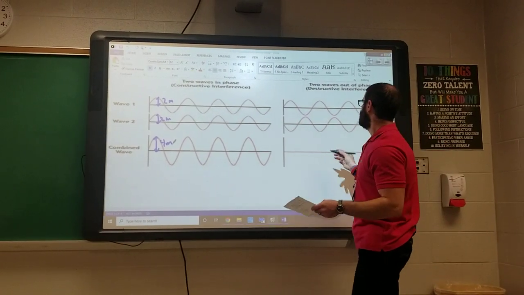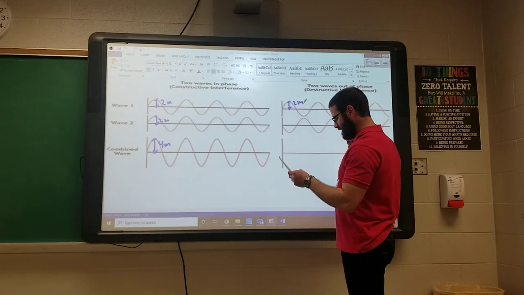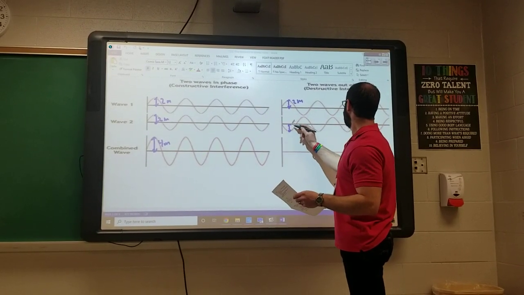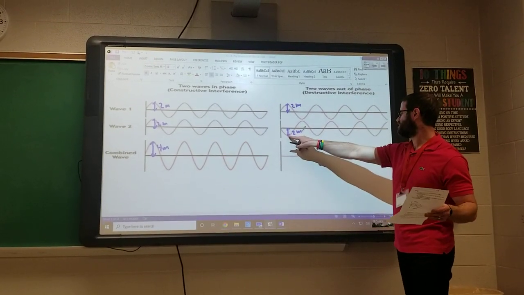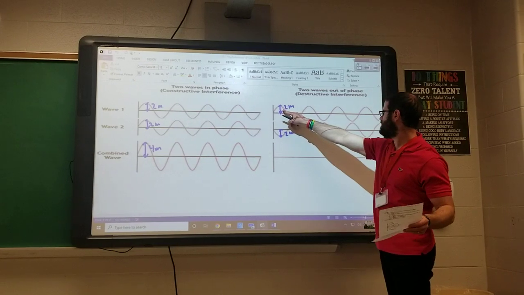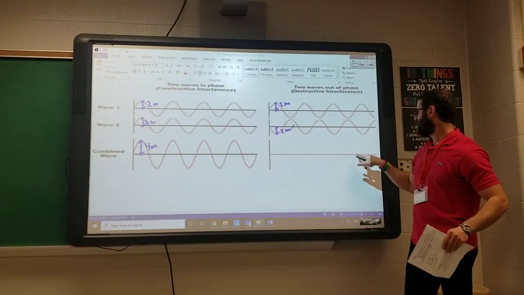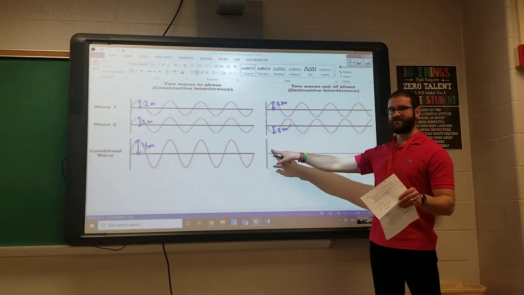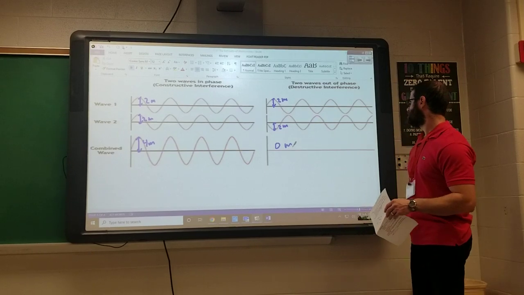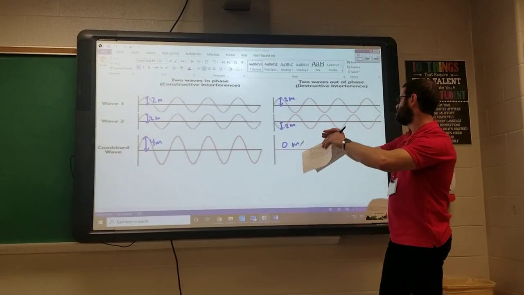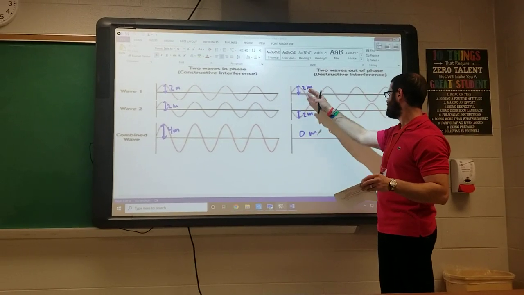Maybe the amplitude of the trough on this one was 2 meters, and the amplitude of the peak on this wave was 2 meters. So they cancel out, and this is my resulting wave. Notice it has 0 amplitude, because the peak and the trough cancel out.